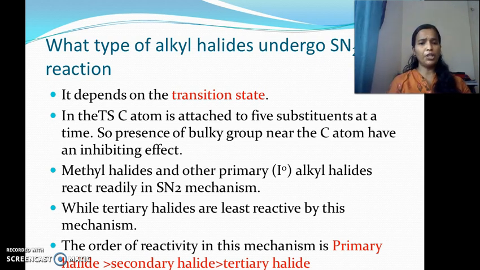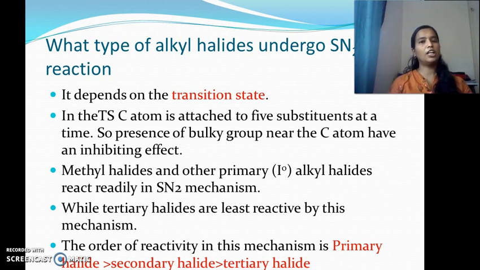So when you consider the alkyl halides, the methyl halides will undergo reaction readily by the SN2 mechanism, because in the methyl halide there is only the methyl group, CH3, with only hydrogen atoms, so there is no steric hindrance, so it will readily undergo the reaction. If you consider primary halides, they have less steric hindrance, so they will undergo the reaction very fast.